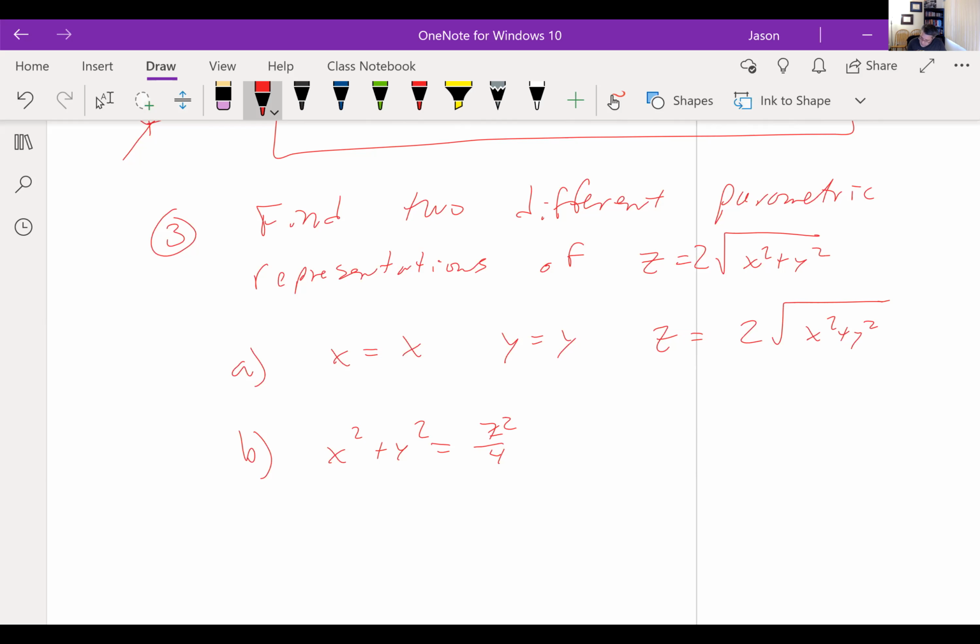Now we're going to rotate that around about the x-axis. Okay, so we get this kind of surfacey thing.